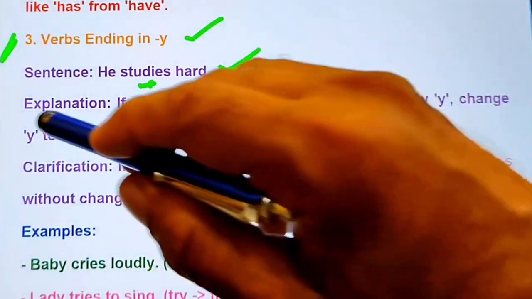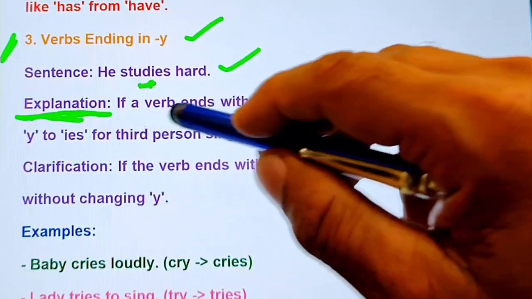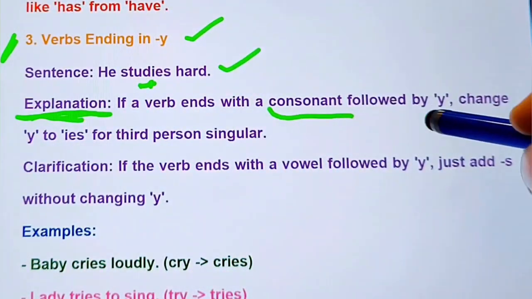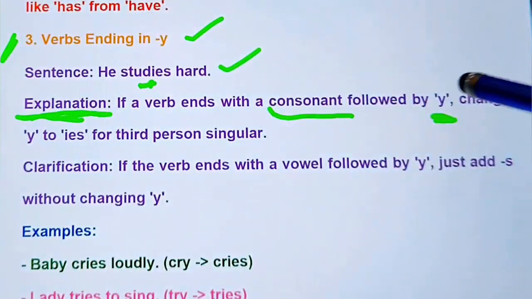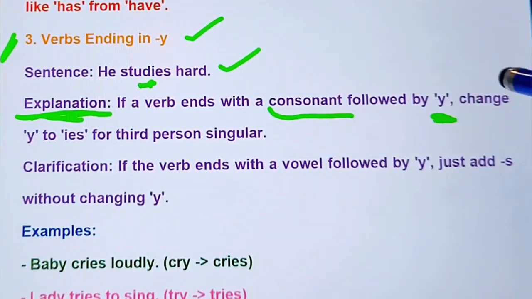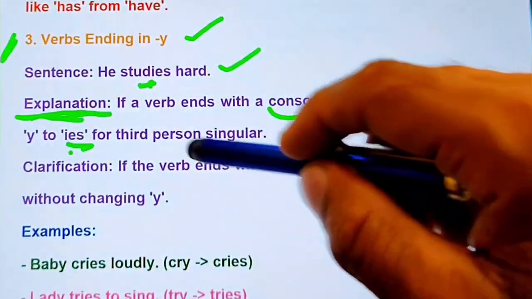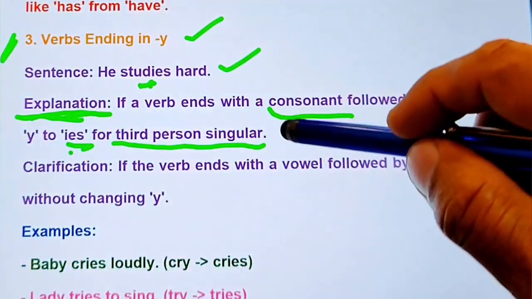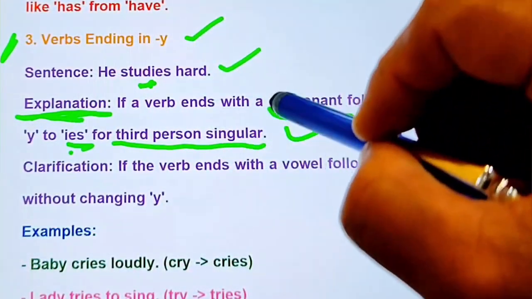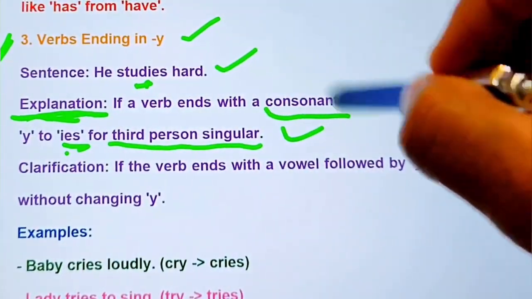If a verb ends with a consonant followed by y, we change y to i for the third person singular. So "study" changes to "studies." The sentence will be: he studies hard.